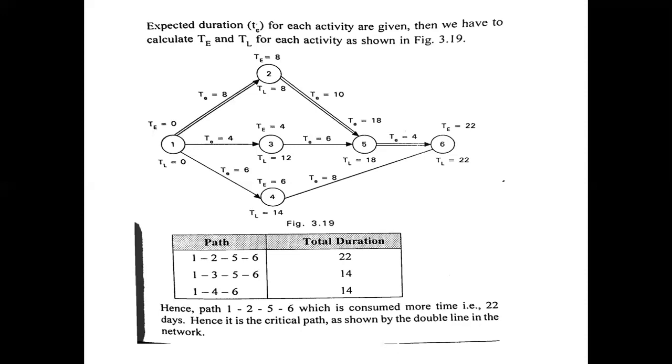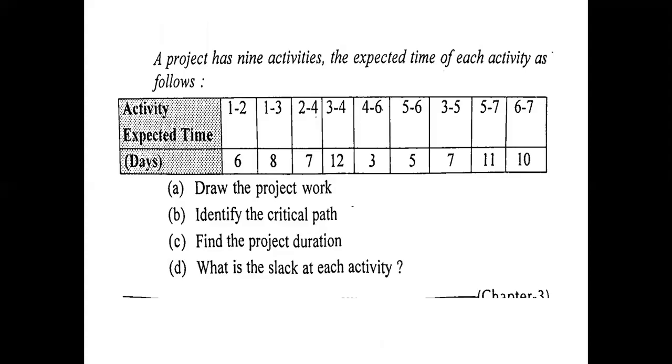And in that critical path, what is the duration? The duration can be treated as the project completion duration. And the critical path is shown by the double line in the given network diagram. So these things you have to follow in the critical path method as well as in the PERT method, program evaluation review technique.